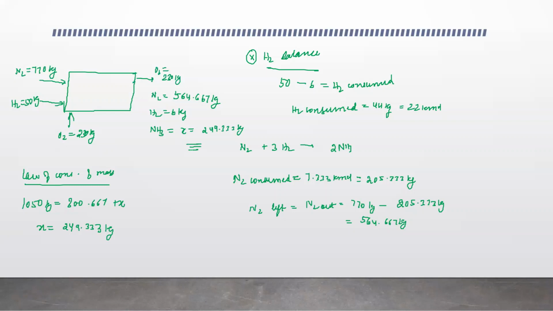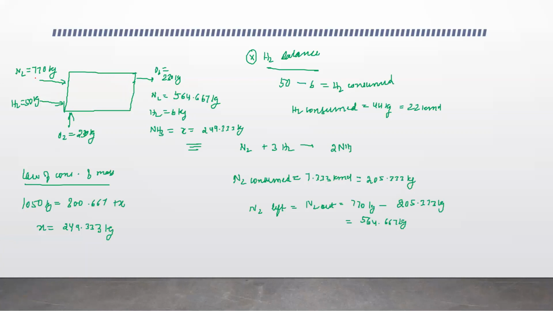Let's not do it by law of conservation of mass. Let's do it by the previous method, the way we were doing these problems. So we'll take nitrogen. Nitrogen is 770 by 28, that is 27.5 kilomoles of nitrogen.